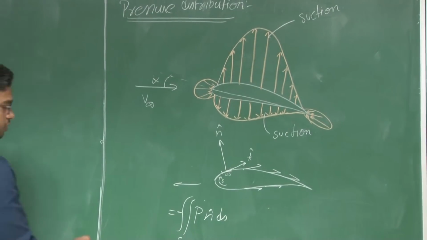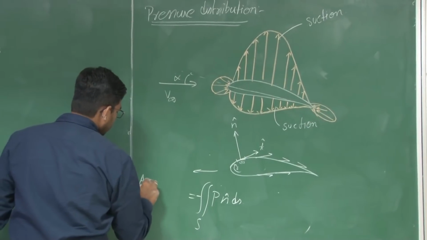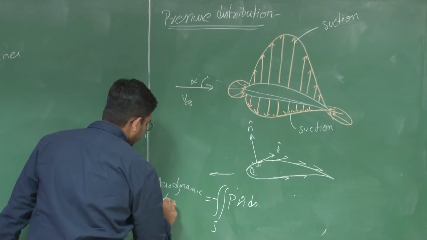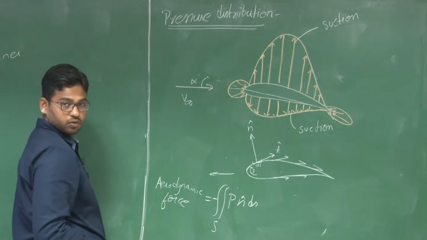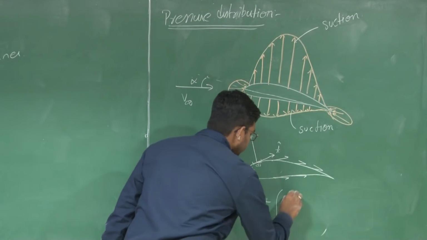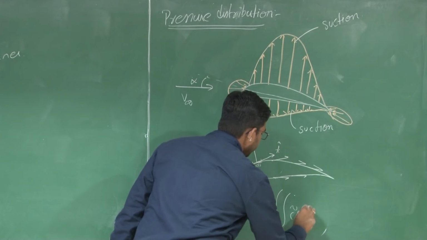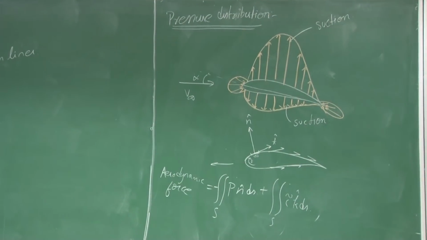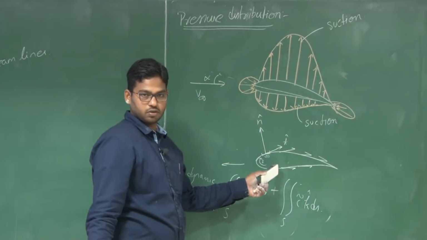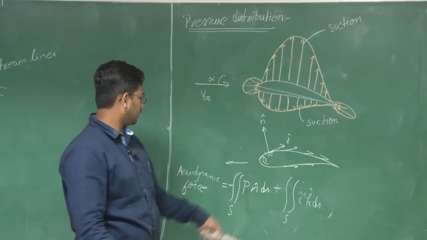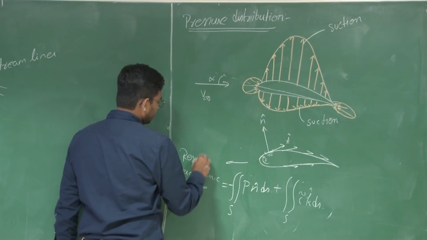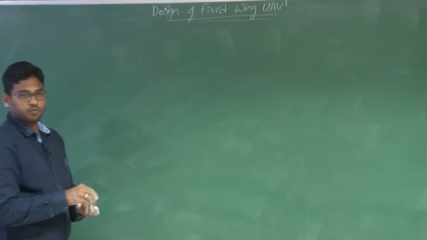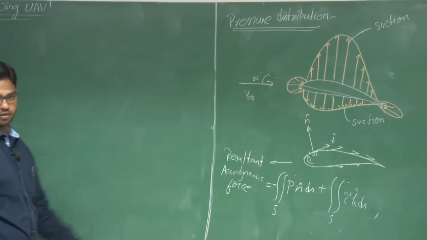Plus the surface integral of tau into k cap into ds. So these are the two forces that result in the resultant aerodynamic force: one is due to friction, the other is due to pressure.